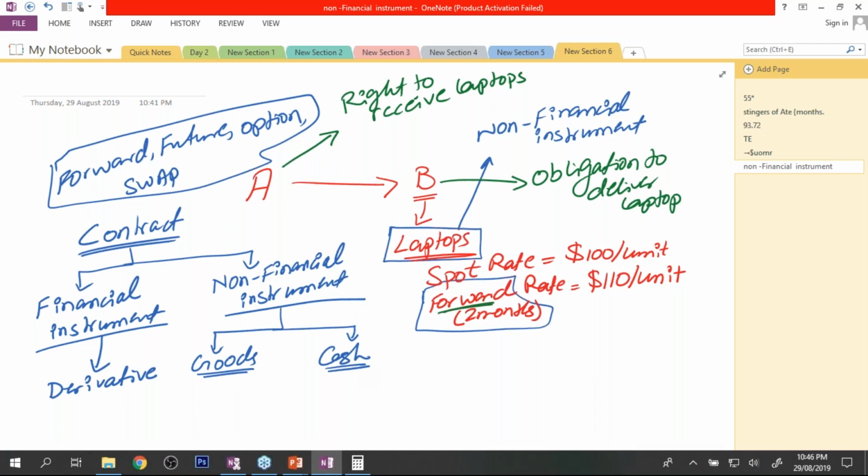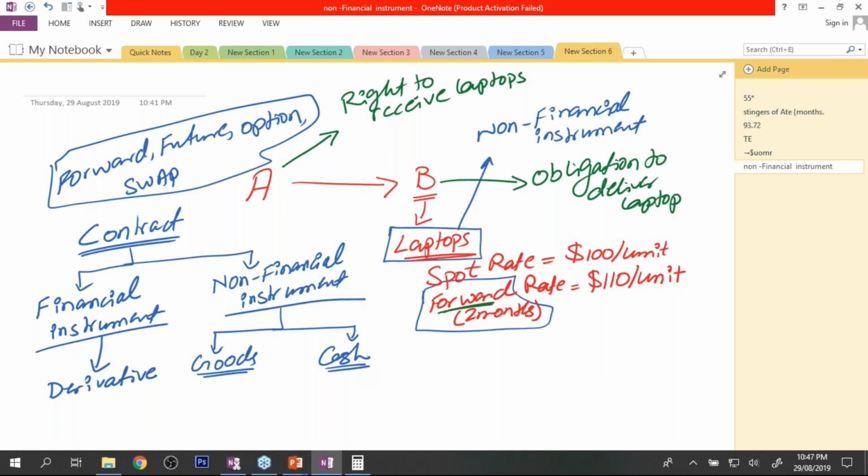Abhay, basically my point was that if I have signed a contract with you that you are going to sell me 2 laptops after 2 months, what is your obligation? Your obligation is to deliver laptops. My right is to receive laptops. Now, the right to receive laptops is not a financial asset. The right to receive cash would be a financial asset.